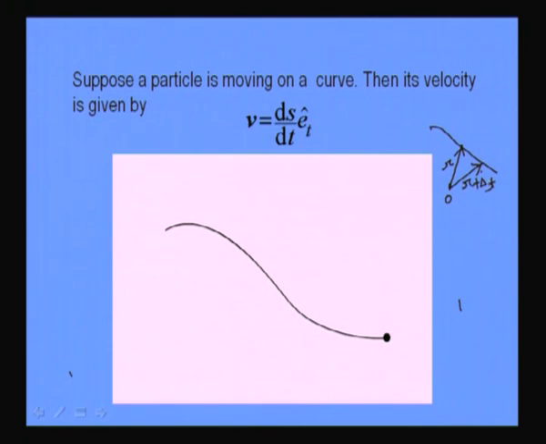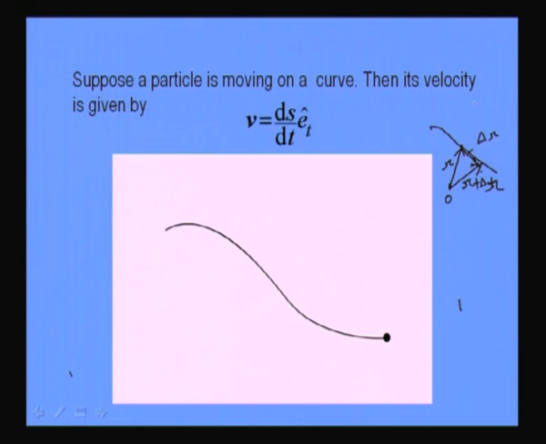So, this difference is indicated by delta r. Now, if these 2 points are very close by, then delta r will be approximately equal to ds, that is the arc length. So, the magnitude is ds by dt, and the direction is tangential to the path, because delta r will approach the tangent as the distance between 2 points is very small.